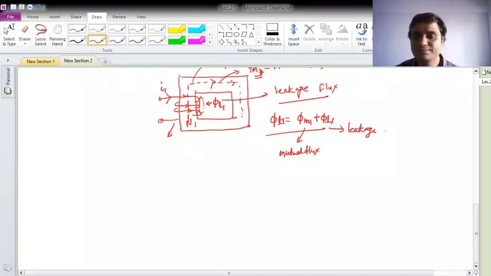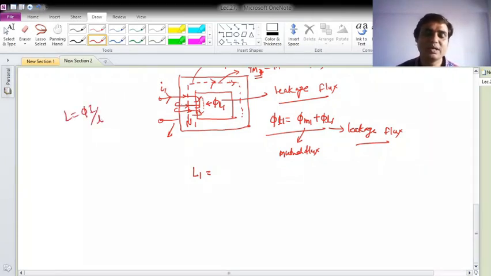Now if I would like to calculate the self inductance of coil 1: self inductance L has been defined as total flux linkage over the 1 ampere current flowing.